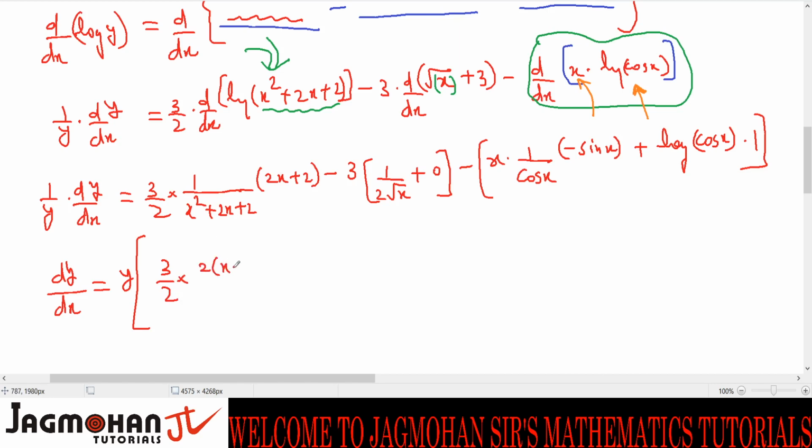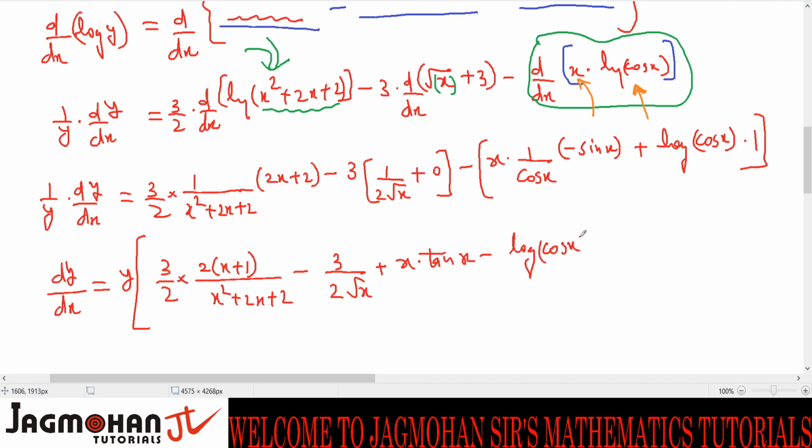I take 2 common, so x plus 1 upon x square plus 2x plus 2, minus 3 upon 2 root x, plus x into tan x. See how plus, because negative and negative will become plus. I'm opening the bracket, and sin x upon cos x is tan x, minus log of cos x.